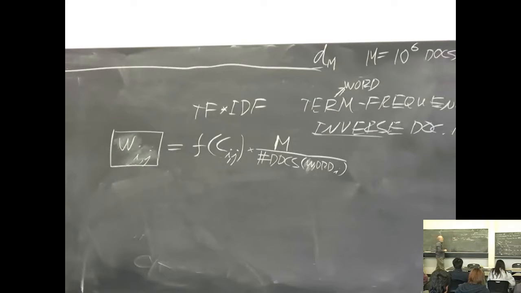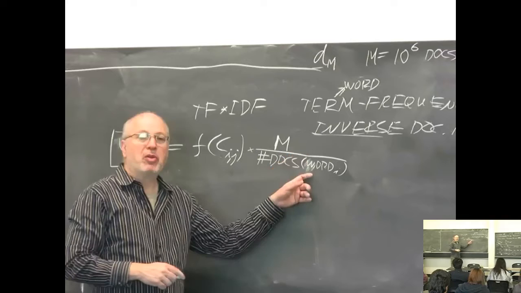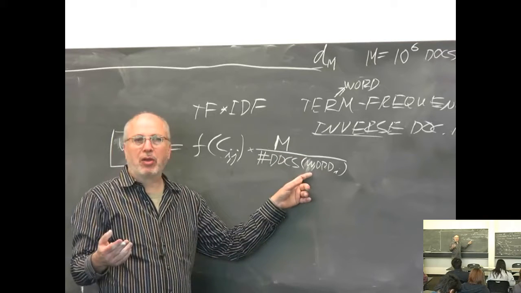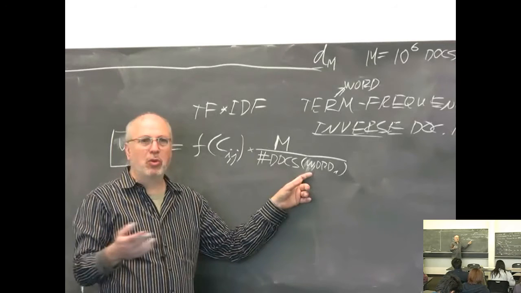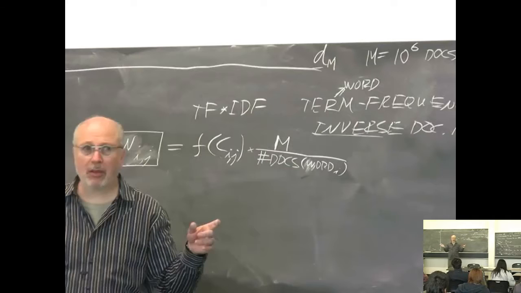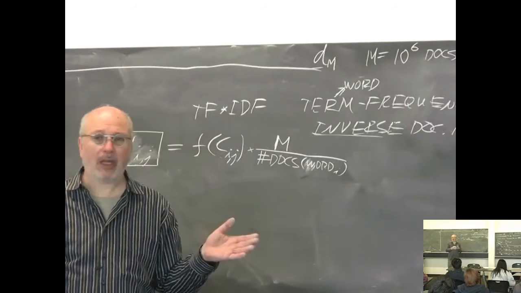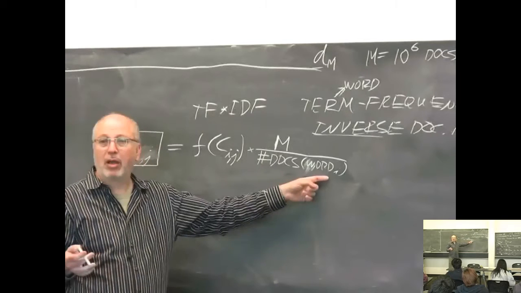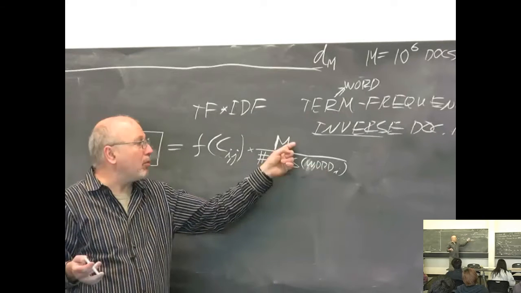So this tries to capture how specific is the word to particular documents as opposed to occurring in all documents. So the word the is so non-specific, it occurs in all documents. And therefore, the number of documents that contain the word the would be m, right? All of them.